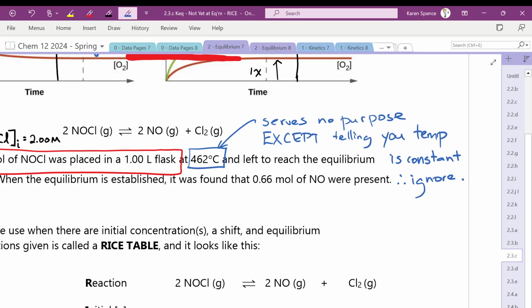Okay. Now, when equilibrium is established, so now we are at equilibrium, we have 0.66 moles of NO. So what is the concentration of NO at equilibrium?